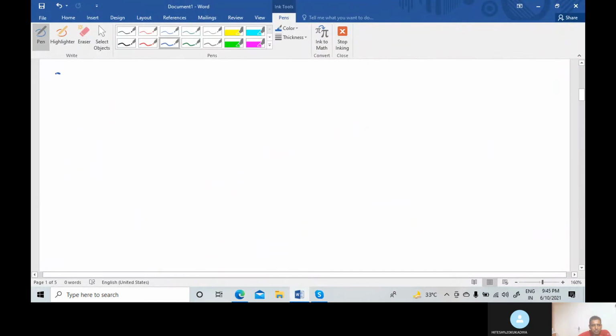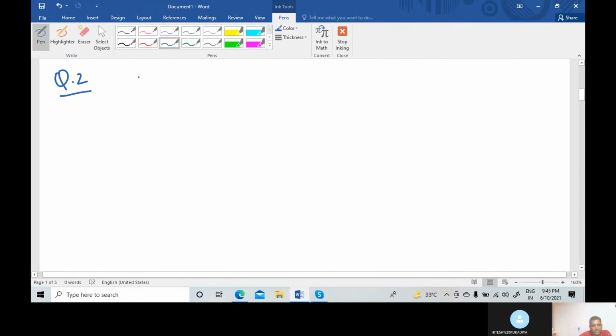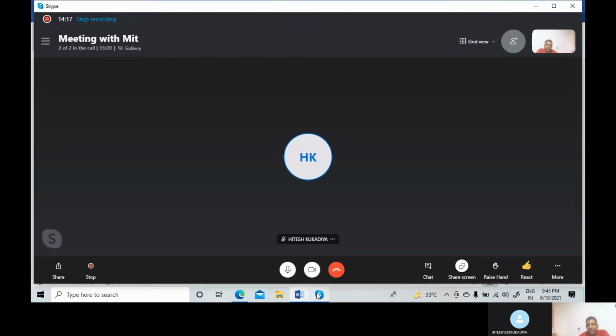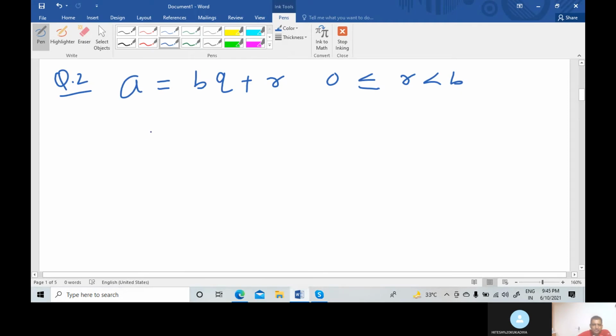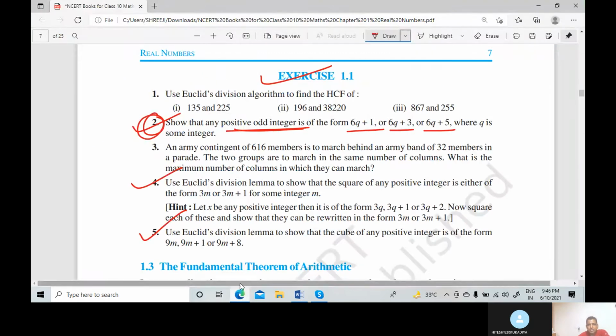Now we discuss question number 2. So a is a positive odd integer. a equals bq plus r, where 0 is less than or equal to r, which is less than b. Now a equals 6q plus r, because b equals 6 is already given in our question.